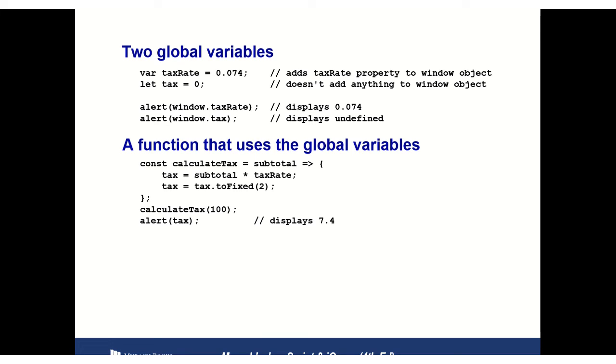If you use a variable var, then only it adds a property to the window object. A function that uses the global variable is pretty simple. You can use it in that way. When you use a global variable, you are not obligated to define the variable type inside the function specification, because it is accepting the global variables.